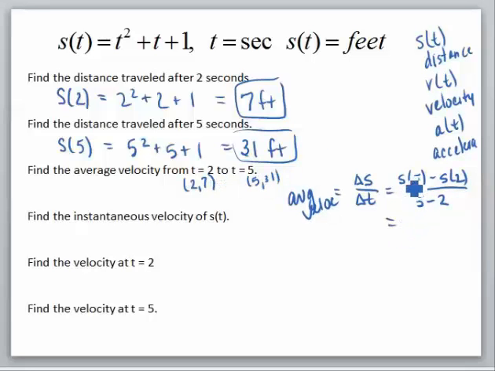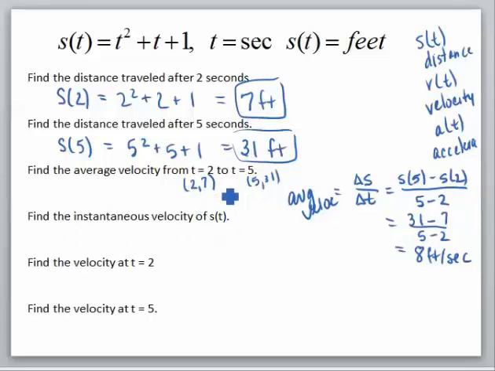So we found s of 5 to be 31. We found s of 2 to be 7, all over 5 minus 2. That ends up giving me 24 over 3, which is 8. And we described that as feet per second. It's the same thing I would have done if I had just used the slope formula from Algebra 1: 31 minus 7 over 5 minus 2.